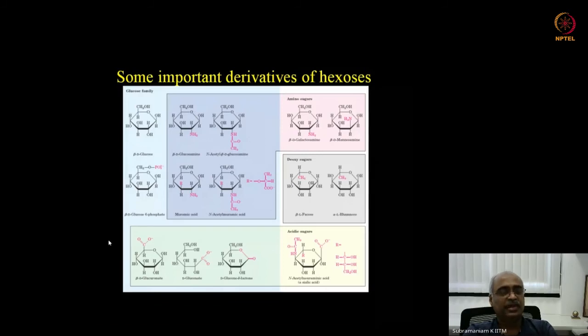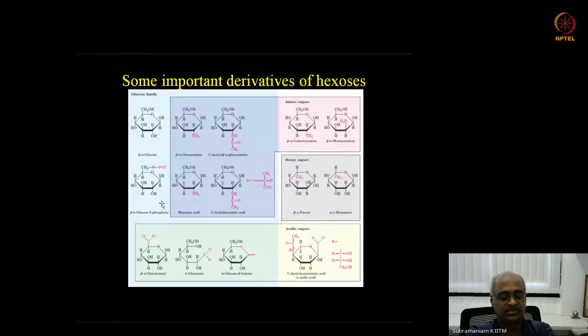And in addition, you may have phosphate groups. These phosphorylated versions are very important because the phosphorylated versions do not readily get out of the cell. It helps in trapping the monosaccharides in the cytoplasm because there are no transporters for phosphorylated versions.